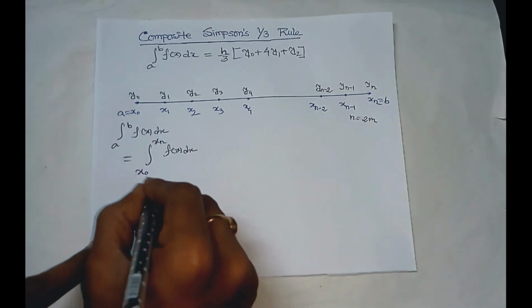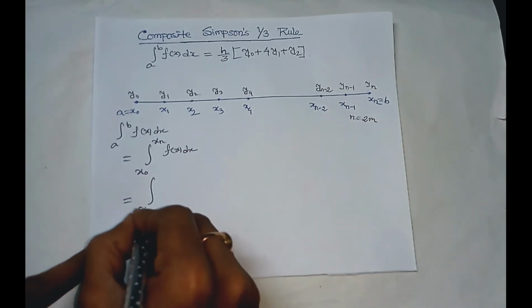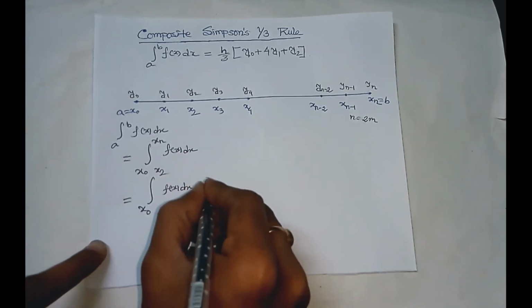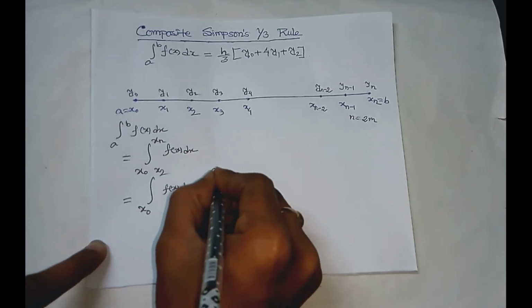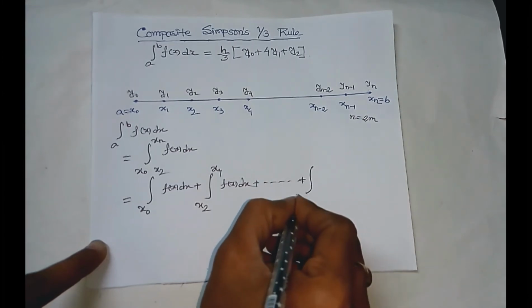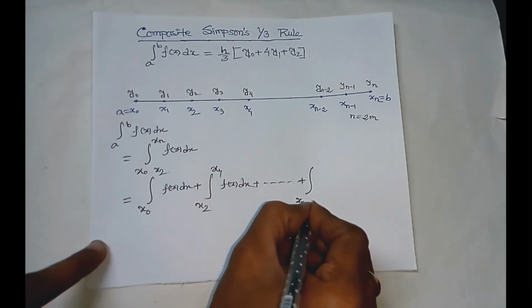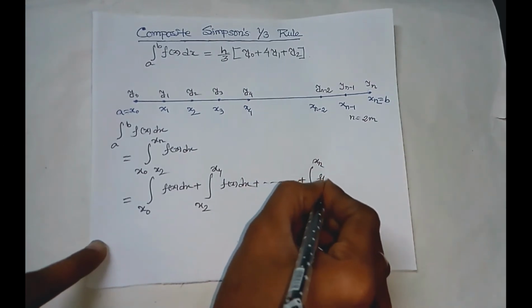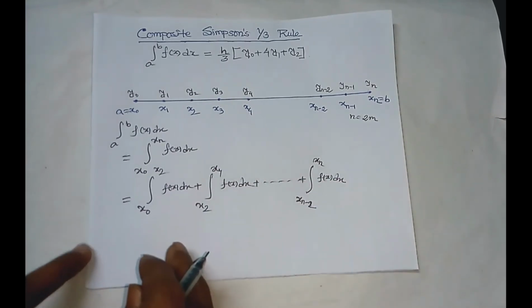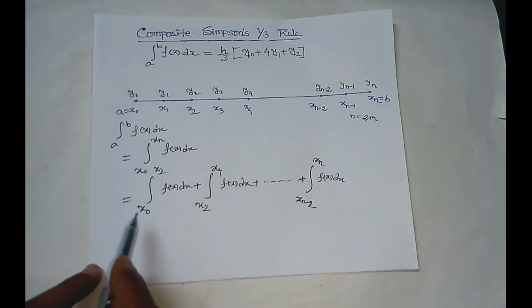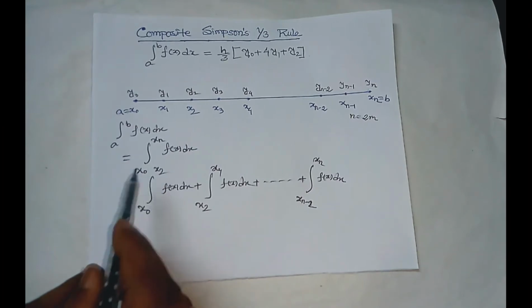This is equal to, we can break this interval into x0 to x2 f(x) dx plus x2 to x4 f(x) dx, and continuing in this way, the final one is xn-2 to xn f(x) dx. Now we shall apply Simpson's one-third rule in each of these integrals. So the first one is this one, x0 to x2 f(x) dx.